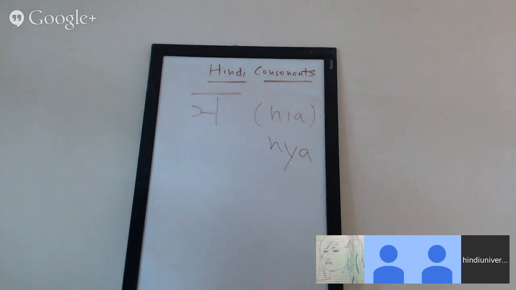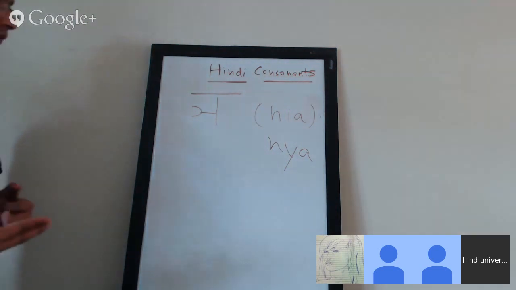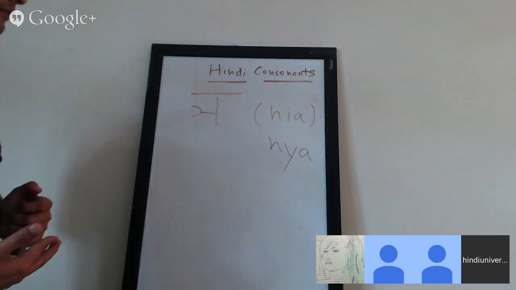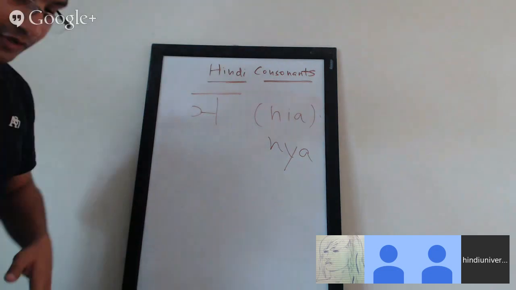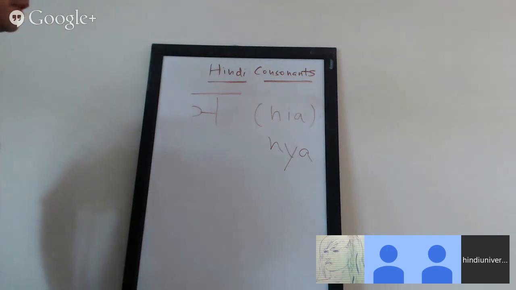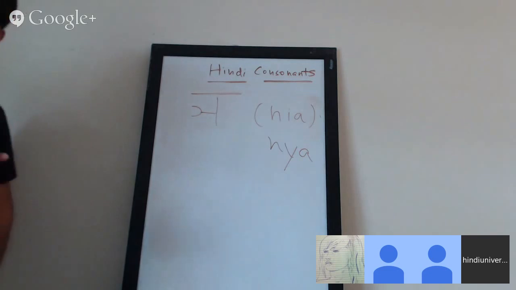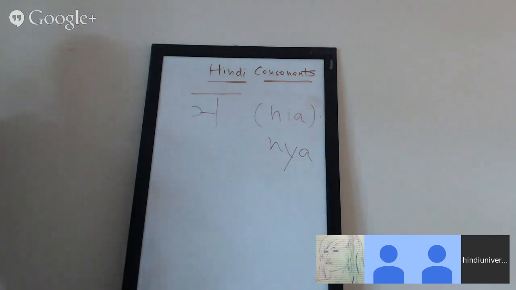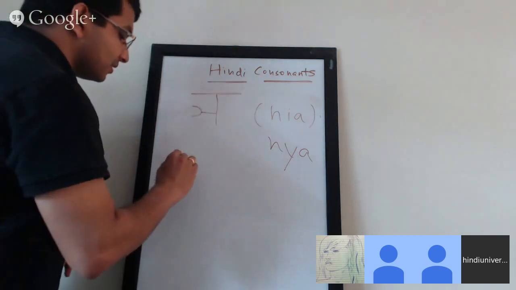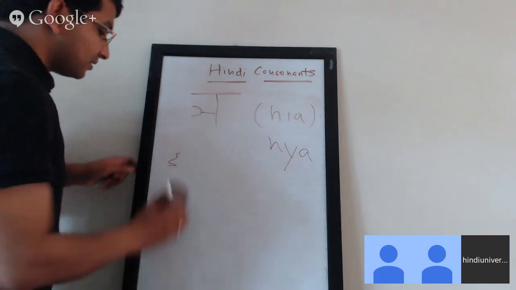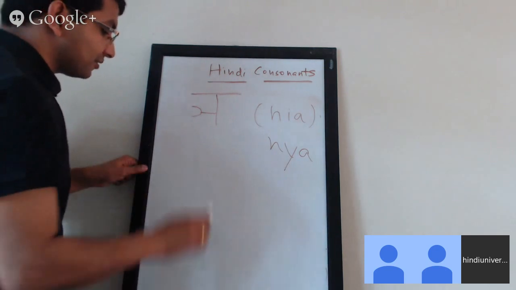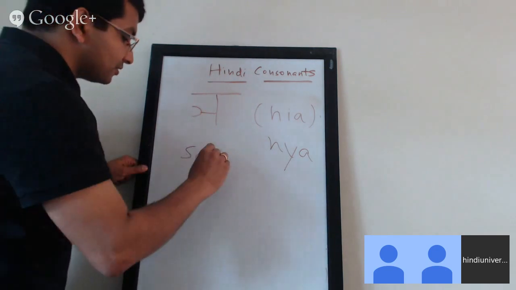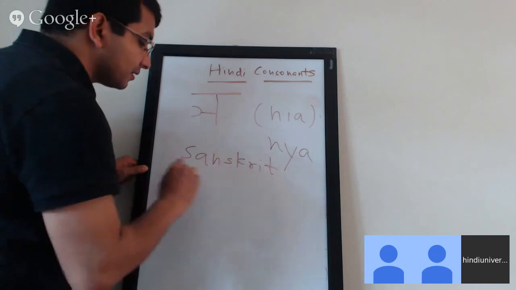So I'm not going to spend too much time here unless you have any questions, or you can think of a word with this sound and I can tell you whether it's right or wrong. But it's not used that much in Hindi. Most of the time it's used if you're reading Sanskrit literature.